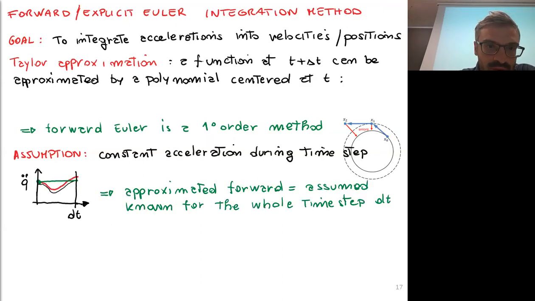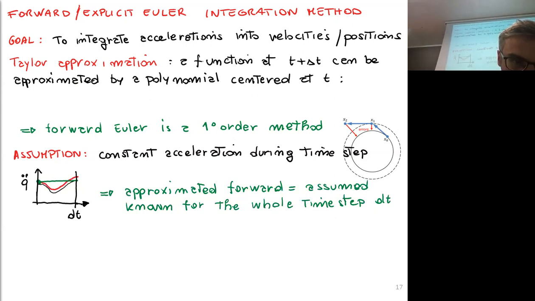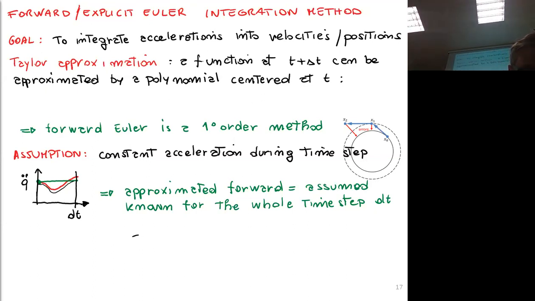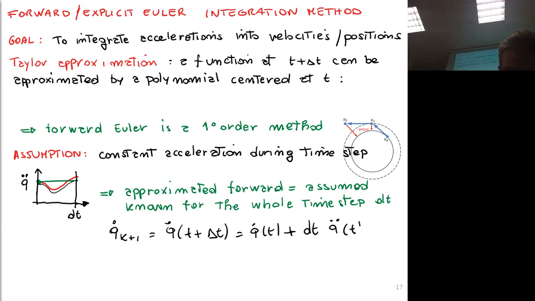And doing so, we can derive the velocity at the next step, which is k plus 1, which is q dot of t plus delta t, where delta t is the integration step, equal to the velocity at the previous step plus dt times q double dot, the acceleration at this time step.